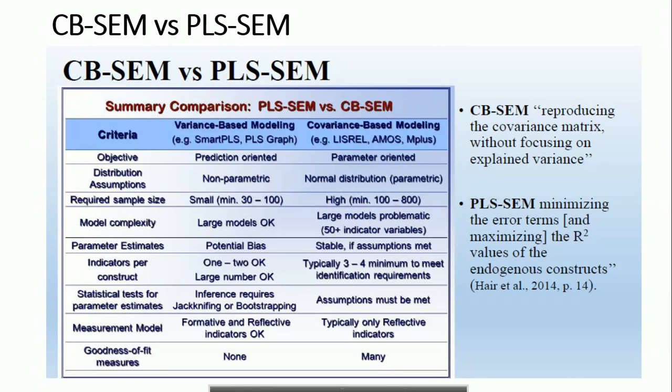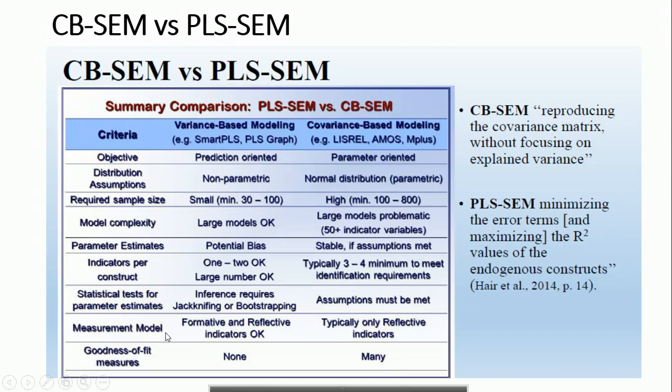Indicators per construct: in SmartPLS one can be run, or two, or even more. But for AMOS, you need at least 3 indicators, otherwise you cannot run the model. For statistical tests of parameter estimates, we use inference or bootstrapping, but for AMOS the assumptions must be met.